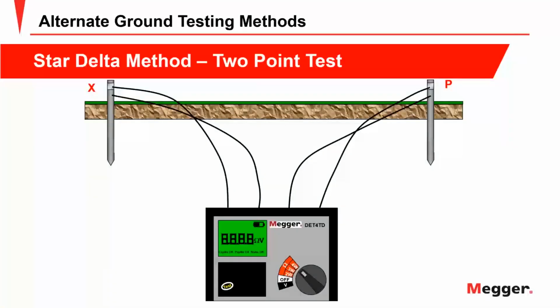So again, this is just a reprise of the 2-point method. This is the method that you're going to be using. This is your test setup, and this is how you're going to be connecting your leads to get your test results, which you are then going to put into a series of mathematical proofs.